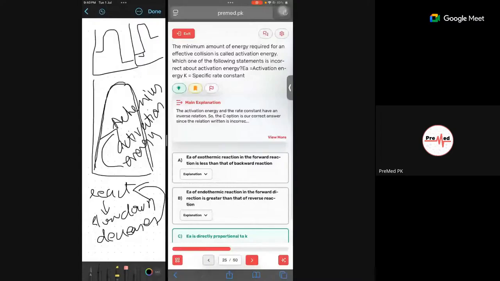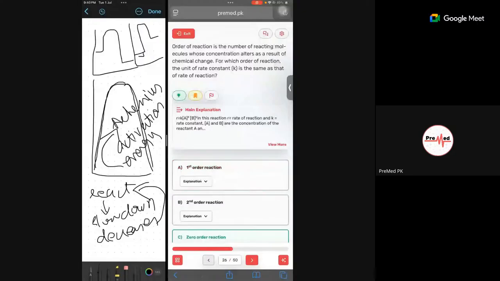Next we have that the order of reaction is the number of reacting molecules whose concentration alters as a result of chemical change. For which order of reaction is the unit of rate constant the same as that of rate of reaction? In the first order reaction, it is independent of the initial concentration, so it will be crossed. Second order reaction, it doubles.